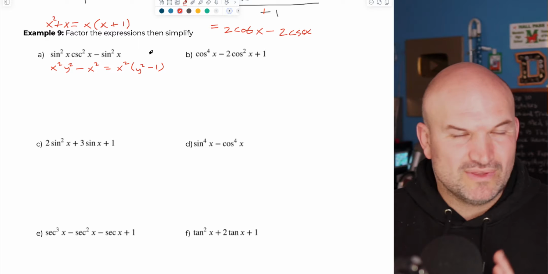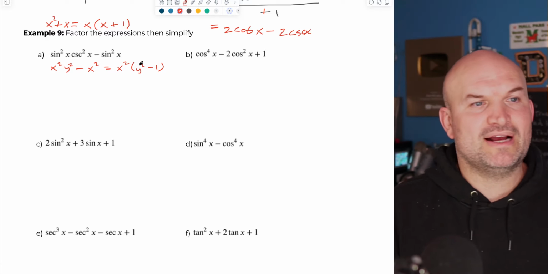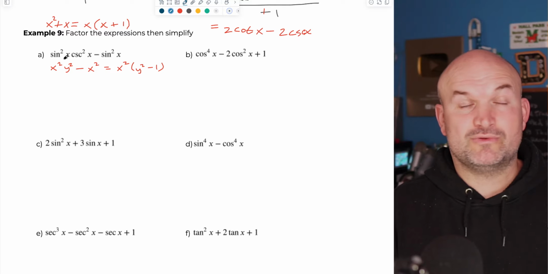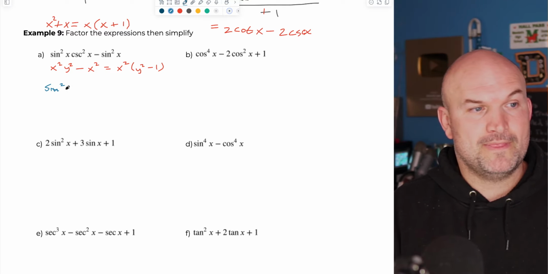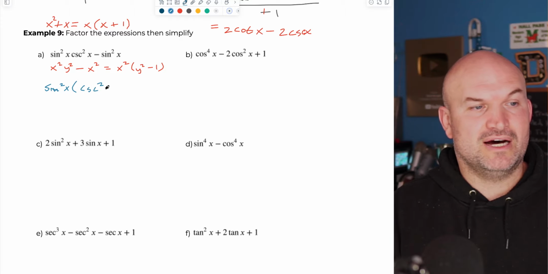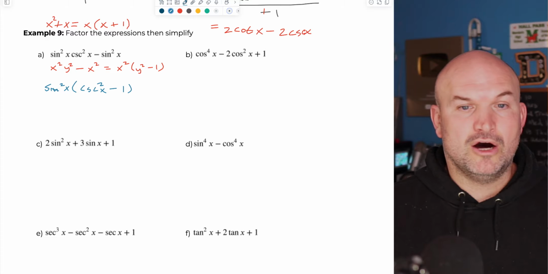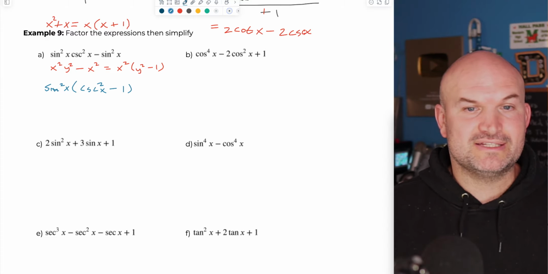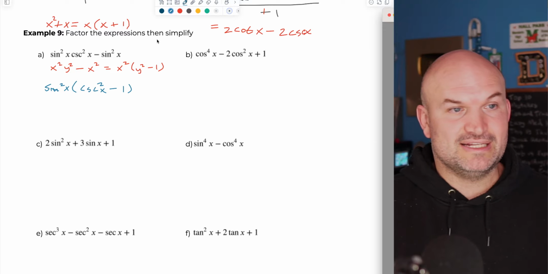So don't let the trigonometric identities mess you up. Hopefully you recognize in this case that the sine squareds are the same, so I could factor out a sine squared of theta. That's going to leave me with cosecant squared of x minus 1. Always remember that we want to be looking at our Pythagorean identities.